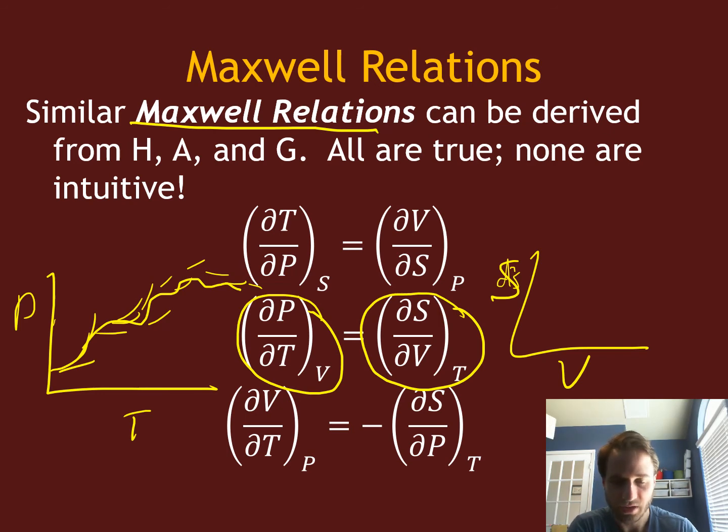So these relationships give us ways of measuring and observing certain things that maybe aren't physically intuitive by looking at more physically intuitive stuff. Like, how does volume change with entropy at constant pressure? Well, it's related with the change in temperature at constant pressure, holding entropy constant, okay?